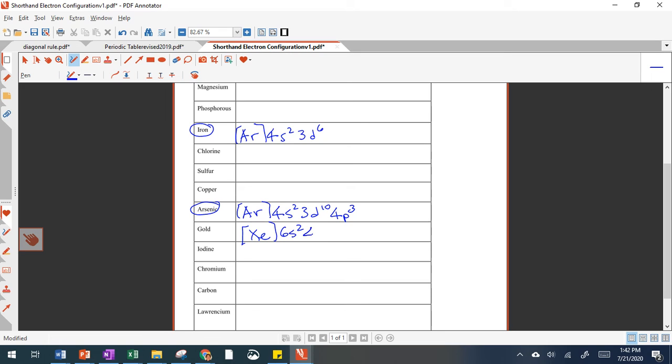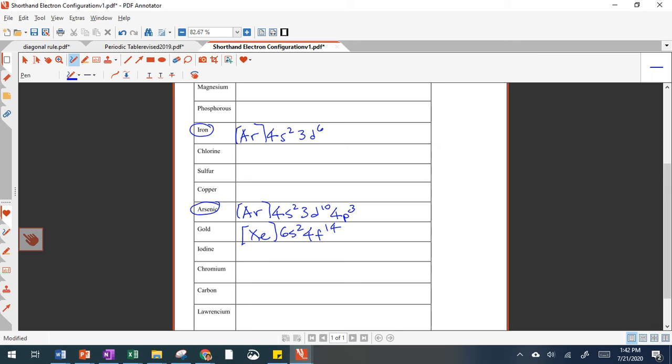So we have 4f14. So we've used 16. We still have to keep going. We're supposed to get up to 25, so we have 9 more to go.